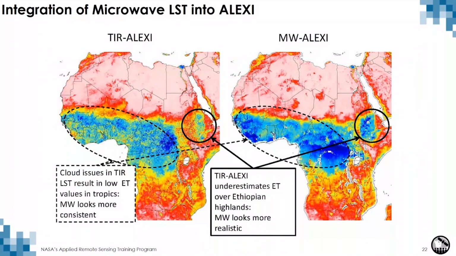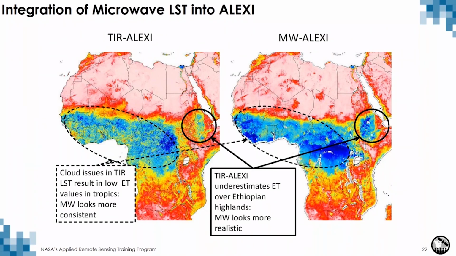So here's just an example over equatorial Africa and the Ethiopian highlands. As you see here on the left, this is an estimate of evapotranspiration just using thermal infrared. As you see in the equatorial rainforest, we get a lot of this speckle and noise, and that's just because of the uncertainty of being able to clear out the clouds.